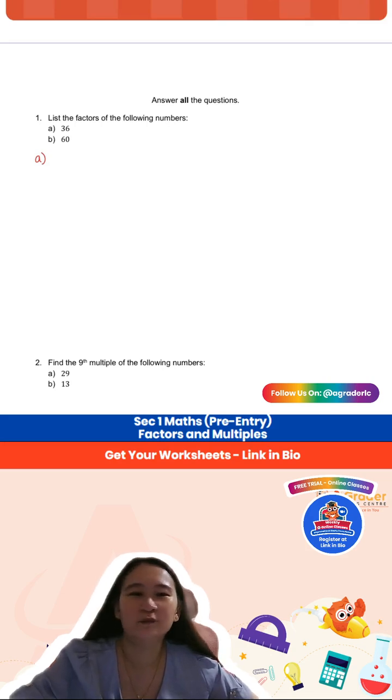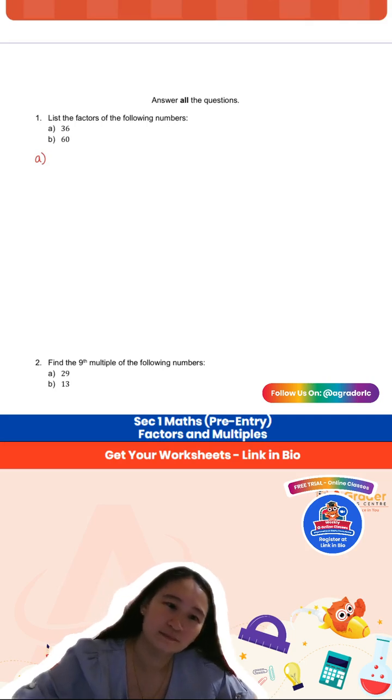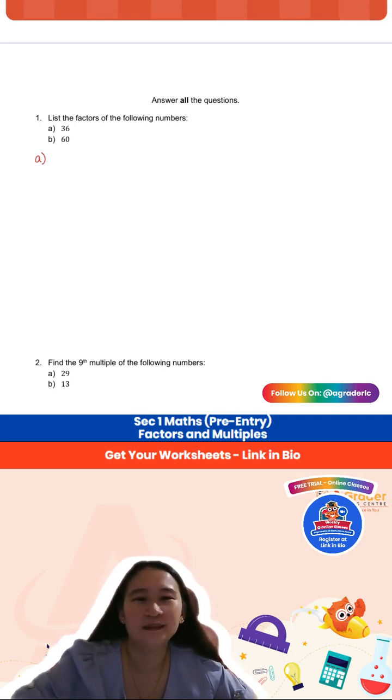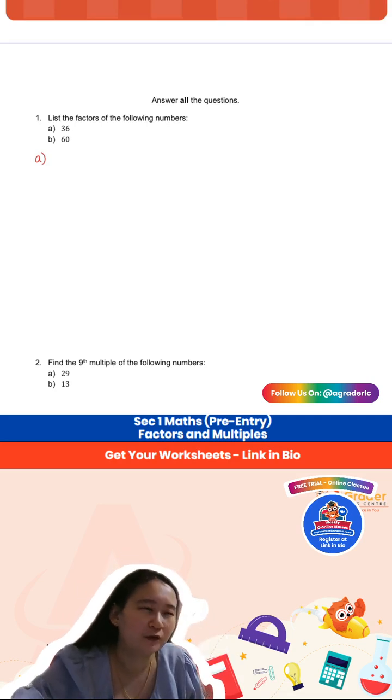I don't think 36 can be divided by 8. 36 can be divided by 36, you get 1. 1, 2, 3, 4, 6, 12, 36, missing one number.